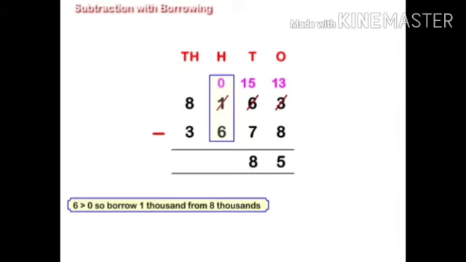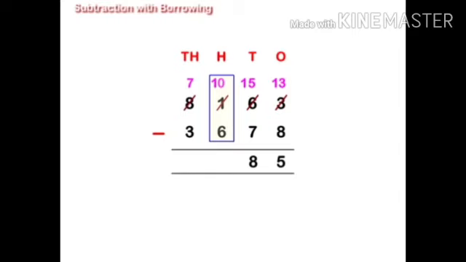Since 6 is greater than 0, borrow 1 thousand from 8 thousands. 1 thousand plus 0 hundreds is equal to 10 hundreds. Subtract 6 from 10, or 10 minus 6 is equal to 4 hundreds. Subtract thousands.